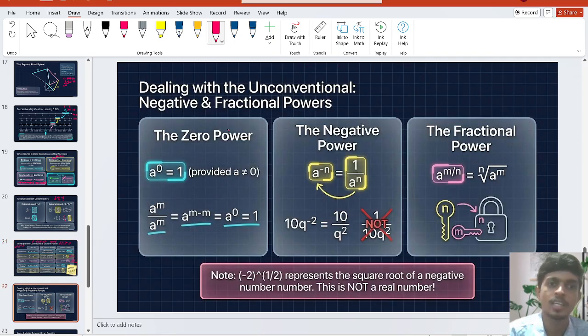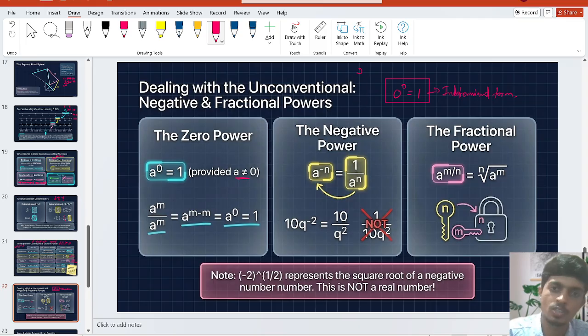Here we deal with the unconventional powers: negative, fractional and the zero power. a to the power 0 is always equal to 1, provided a is not equal to 0. It means that you cannot say 0 to the power 0 is equal to 1. This is an indeterminate form, so a should be non-zero.